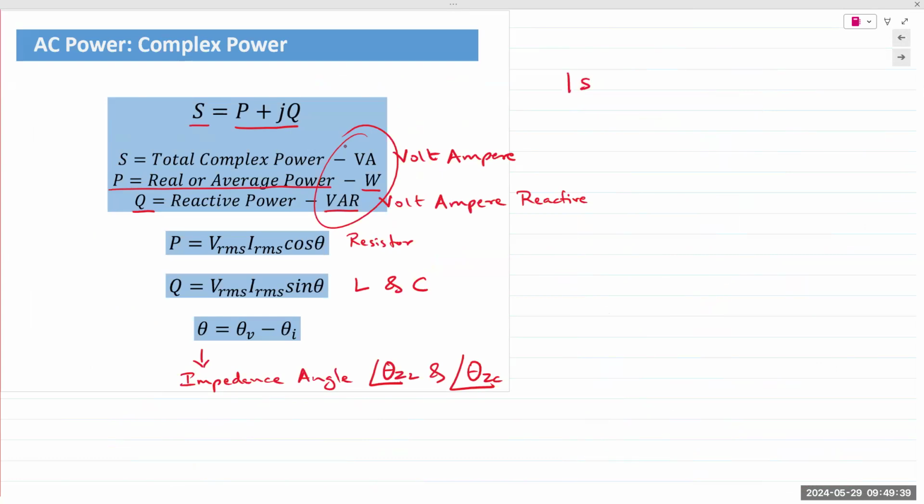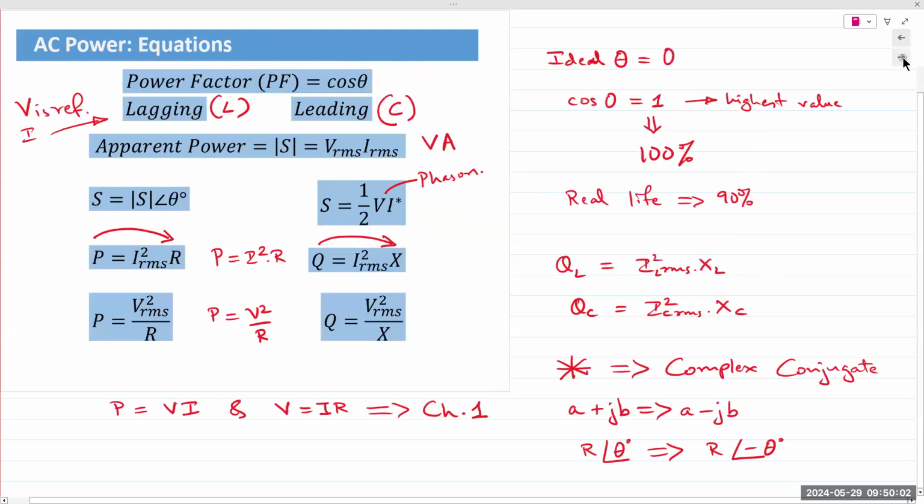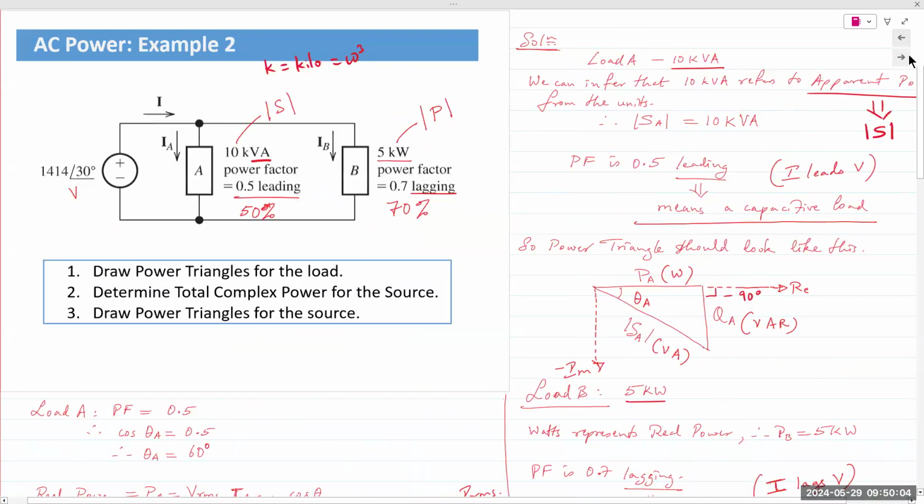So magnitude of S is also known as apparent power and has units of VA. So in the problem, because A and B are not explicitly stated as any particular components, nor is the power associated, it's not explicitly stated that P or Q or S is such and such a value.